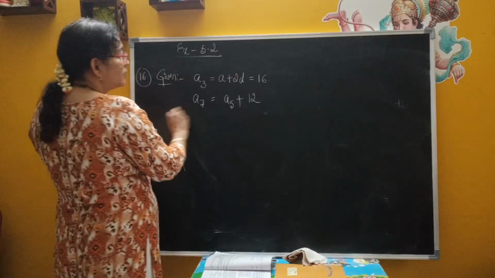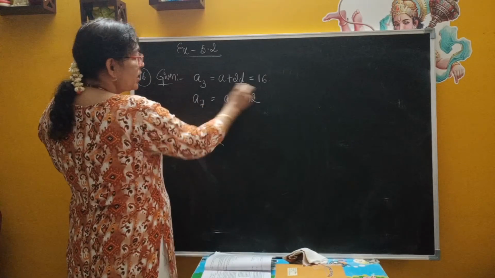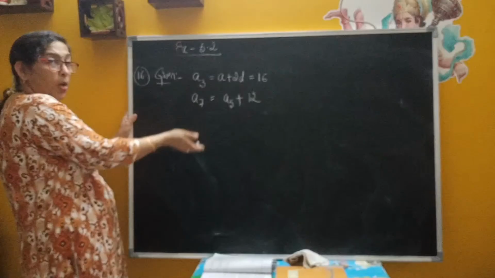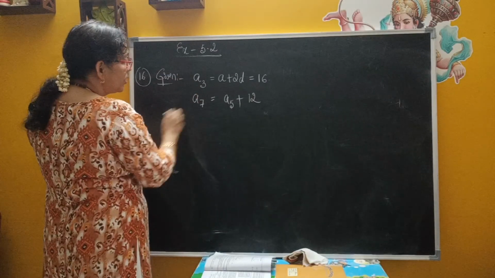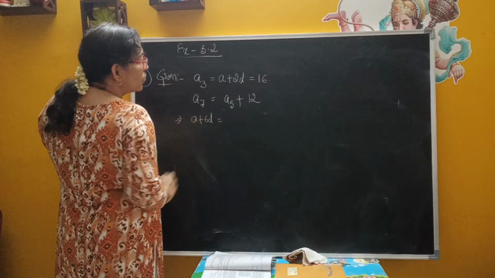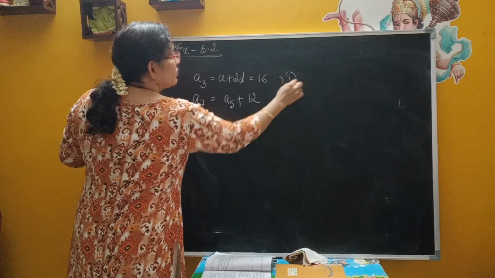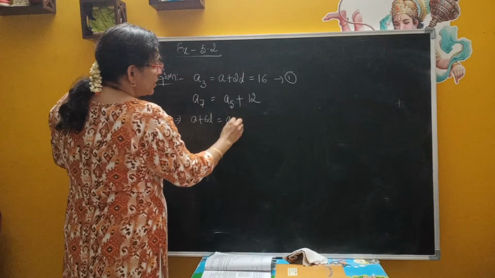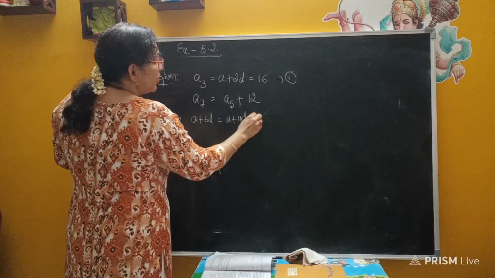Let us get the equivalent form, the same problem in another form. Let us write A7 as A plus 6D, equal to A5. This is equation 1. A5 is A plus 4D plus 12.